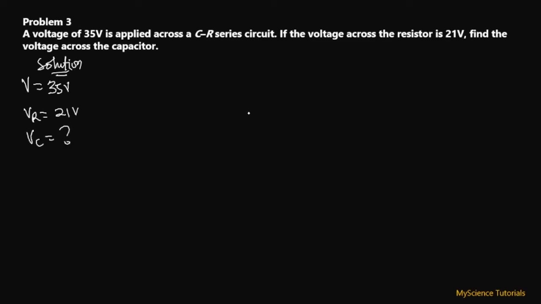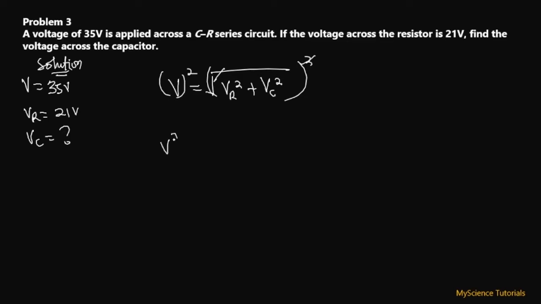We do not know that, but we know very well that the phasor sum of VR and VC will give us our applied voltage. So V is equal to the root of VR squared plus VC squared. Now let's make VC the subject. We square both sides to get rid of the root. We have V squared is equal to VR squared plus VC squared.